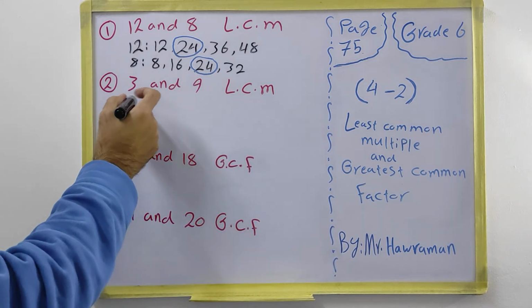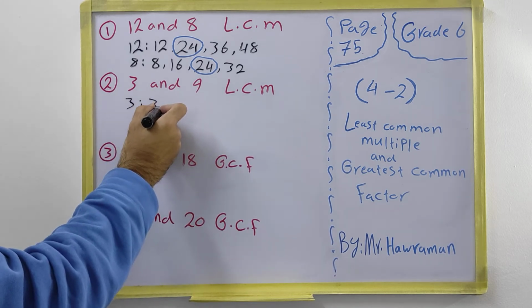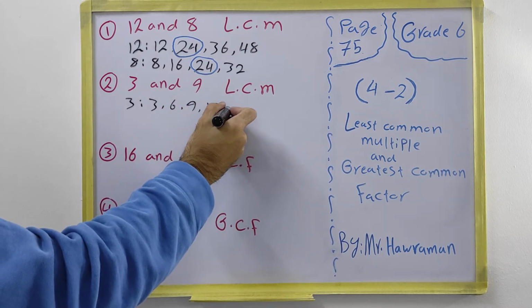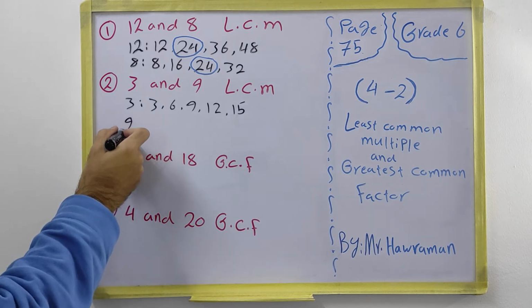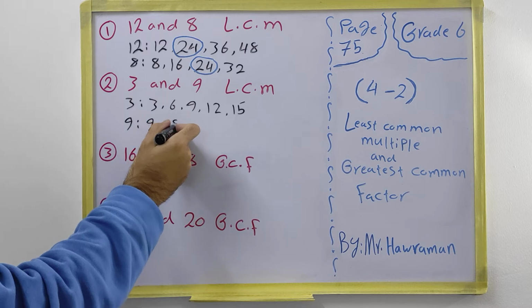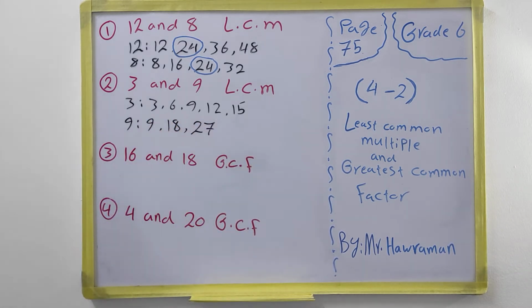And the least common multiple between these two, 3 and 9: the multiples of 3 are 3, 6, 9, 12, 15, and the multiples of 9 are 9, 18, 27. We keep going if we couldn't find the same number.